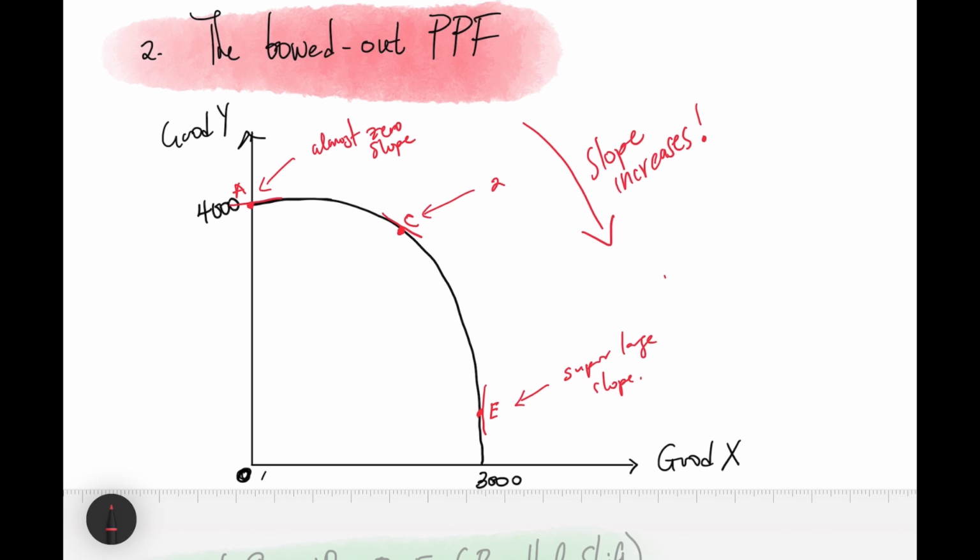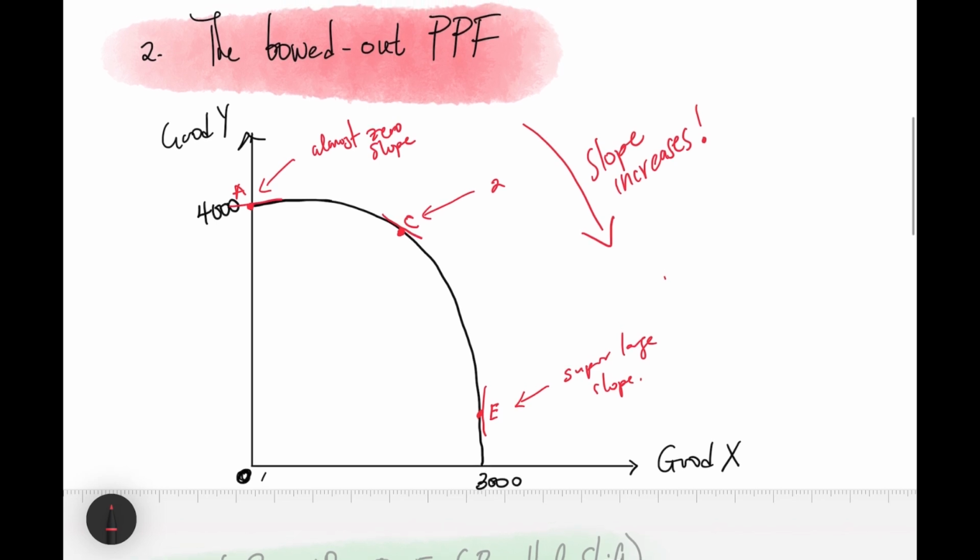What if it's good X on the Y axis and good Y on the X axis? Still, as you move from the left hand side to the right hand side, the slope will increase. If you don't believe me, pause and turn this so that good X is on the Y axis. You can see that the top of the PPF will still be flat.